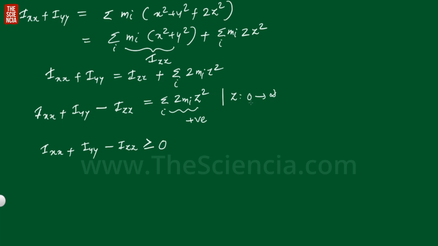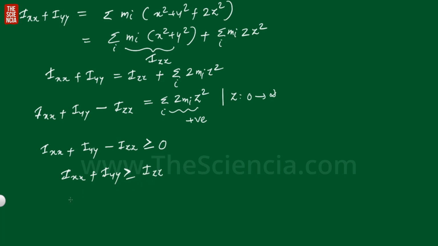Okay, if z is equal to 0, then this term can be 0. Therefore, Ixx plus Iyy minus Izz is equal to or greater than 0. So I can rewrite this equation as Ixx plus Iyy is greater than or equal to Izz.